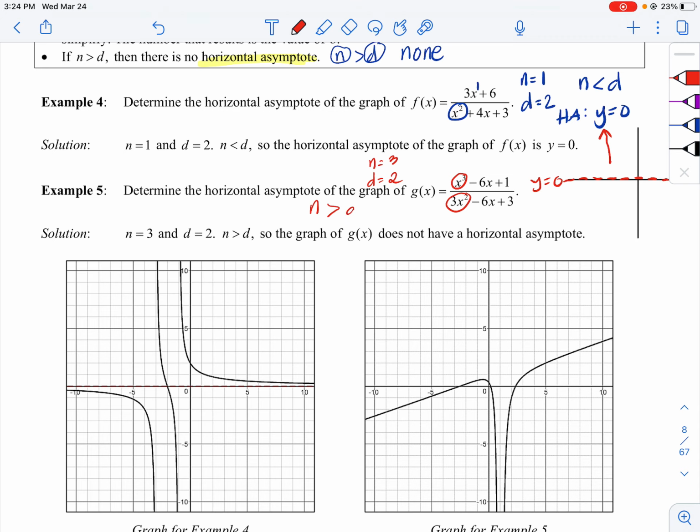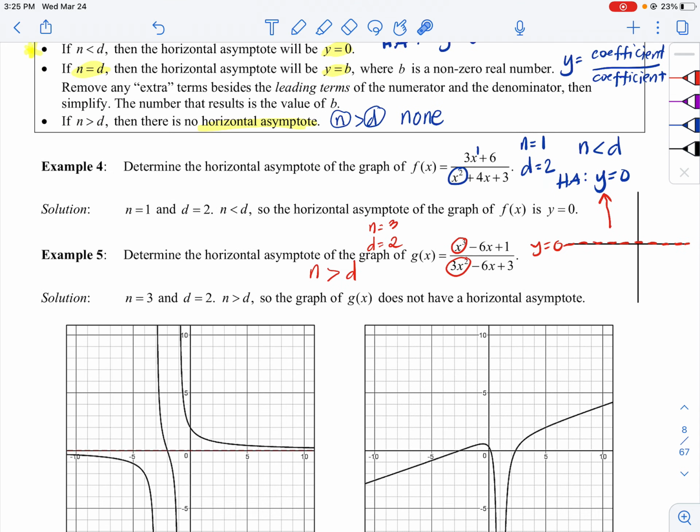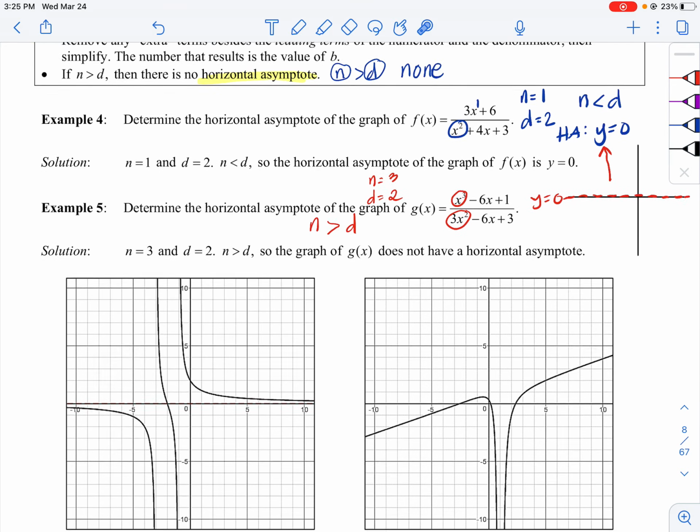The exponent in the numerator is greater than d. When that happens, which rule is that? We will say no horizontal asymptote. So in example number 5, we will say no horizontal asymptote. Okay, moving on.